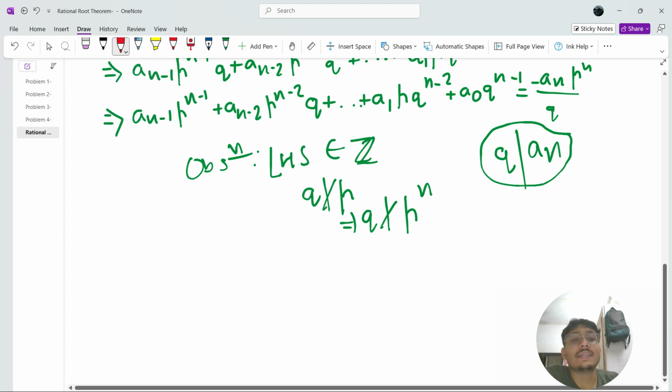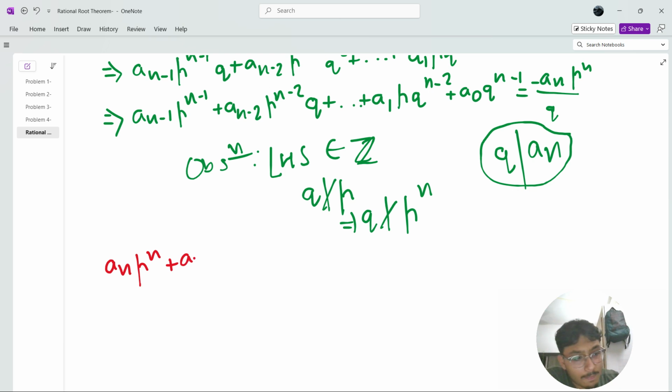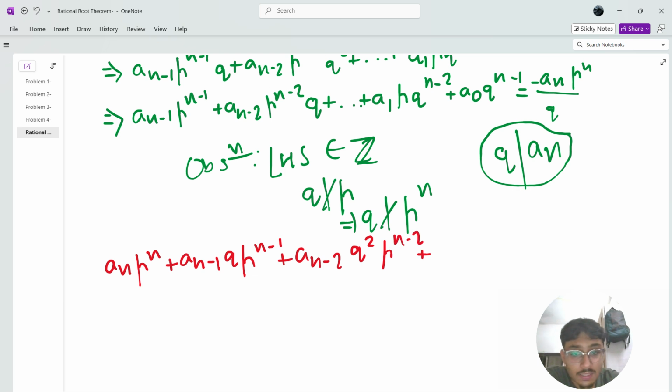I have shown one part, that q divides a_n, and now I need to show that p divides a_0. So a_n p^n plus a_(n-1) q p^(n-1) plus a_(n-2) q^2 p^(n-2) plus dot dot dot.